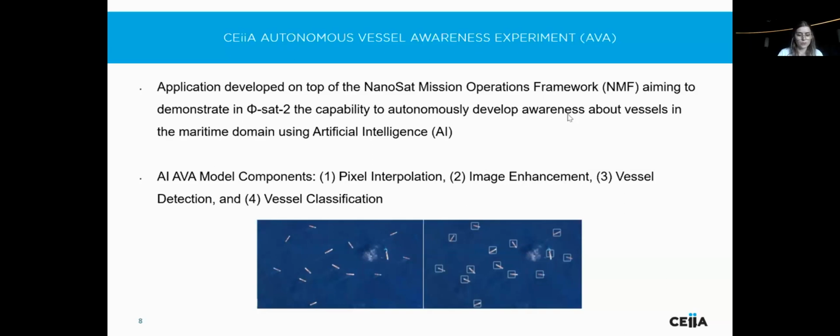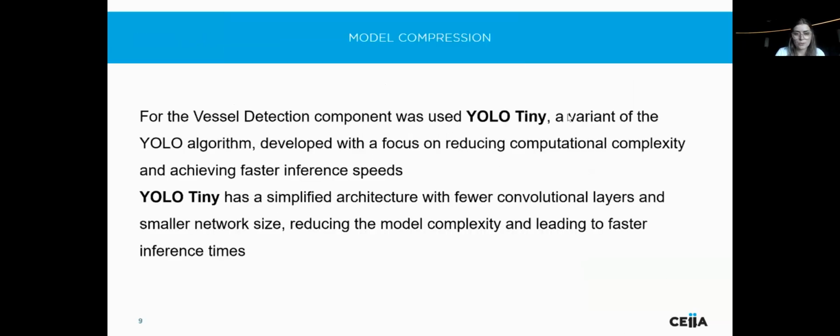And for this, we used some of the techniques that were previously presented by my colleague and the previous presentations as well. So first of all, for the detection model we used the YOLO model, and we opted for a compressed version of the YOLO algorithm, the YOLO Tiny, which is far less complex since it uses fewer convolutional layers and is faster and a smaller model.